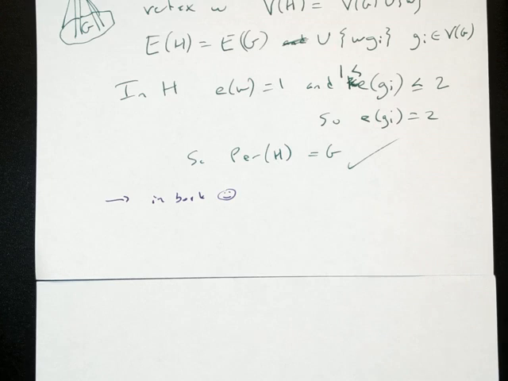Where's a graph where I'm guaranteed to have some vertices that have eccentricity 1 and some vertices that don't? Maybe not all trees, but certainly trees that are small.